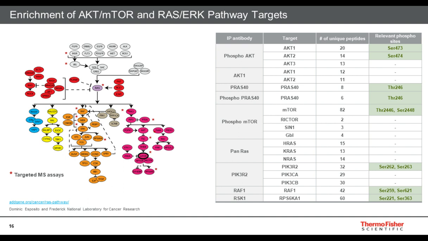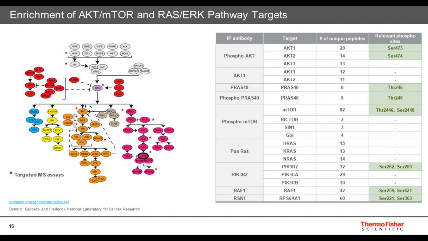The targets that we selected, for which we developed the targeted mass spec assays, are highlighted with the red asterisk. On the right-hand side, the table shows the mass spec data for total and phosphorylated pathway targets. AKT mTOR RAS pathway proteins were immunoprecipitated from human IGF-1 stimulated HCT116 lysate using the Thermo Scientific Pierce MS-compatible magnetic IP kits.